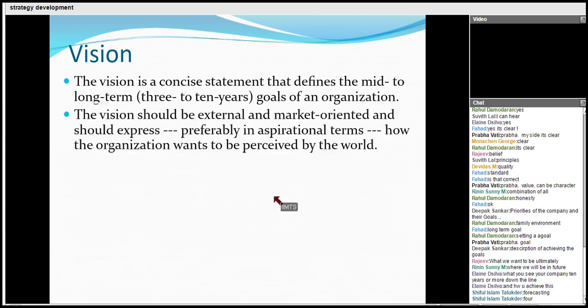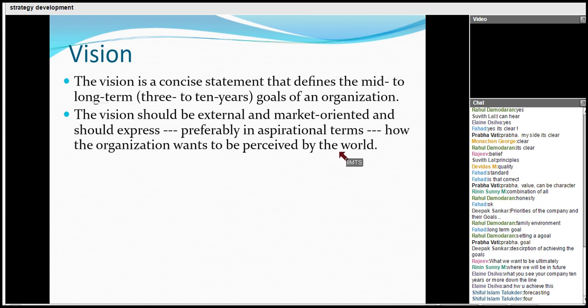The vision should be external and market oriented, and should be expressed preferably in aspirational terms. When I say aspirational, you aspire. That's what you aspire to be, where you aspire to go. It's how the organization wants to be perceived by the world.